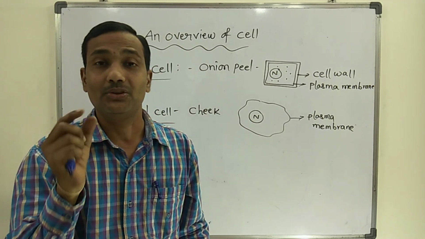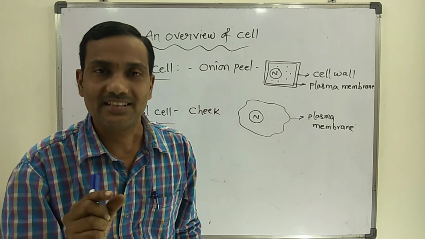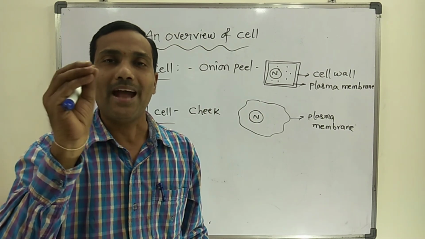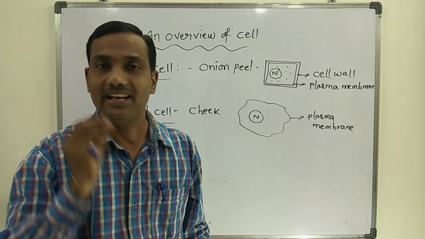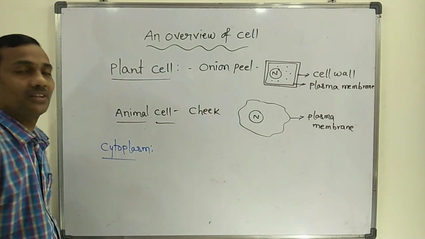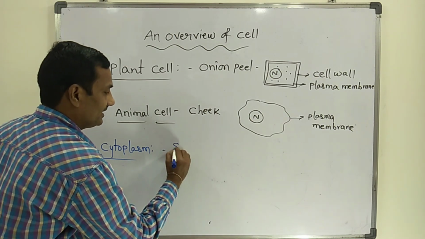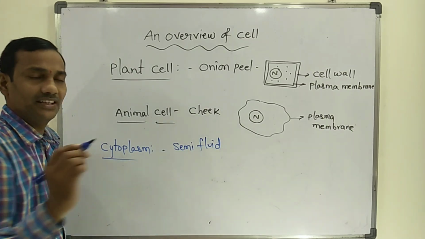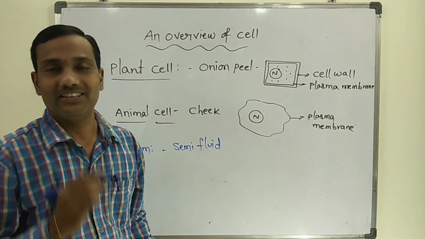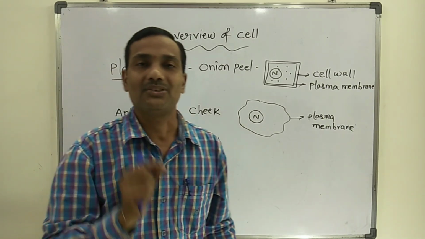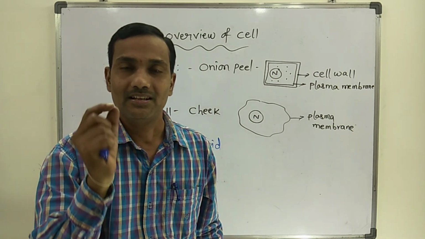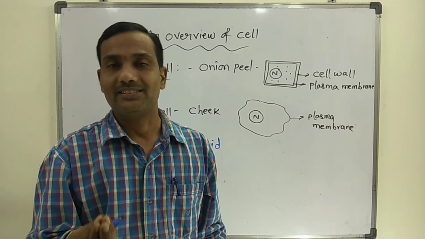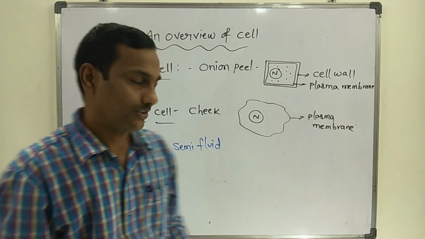Every cell has a semi-fluid liquid matrix called cytoplasm. The presence of cytoplasm is also a unique feature of living cells, because dead cells do not contain cytoplasm.